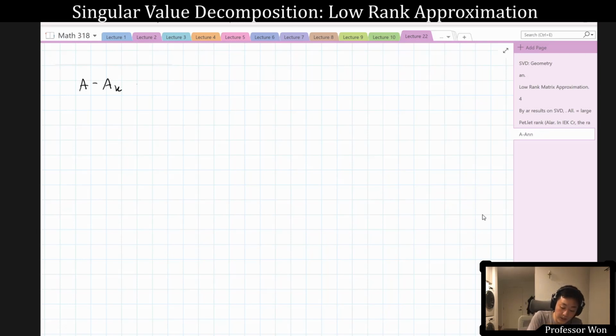Well, what is this thing? A is the full sum of R matrices, and the rank k approximation is just the first k of them, which means that the difference is all of the ones from k plus 1 to R.